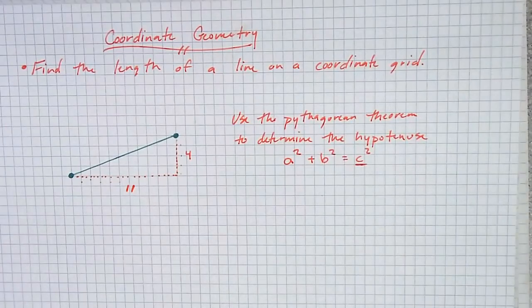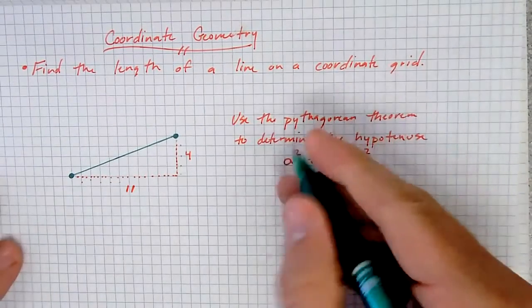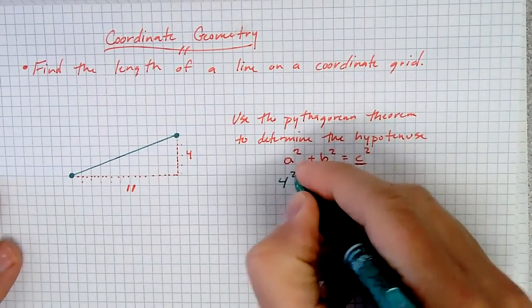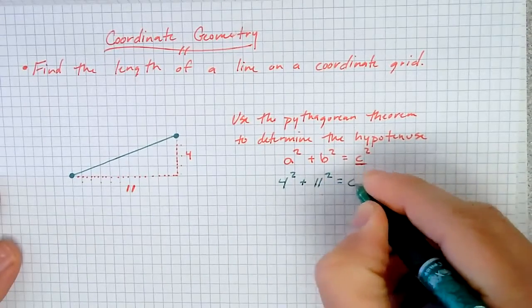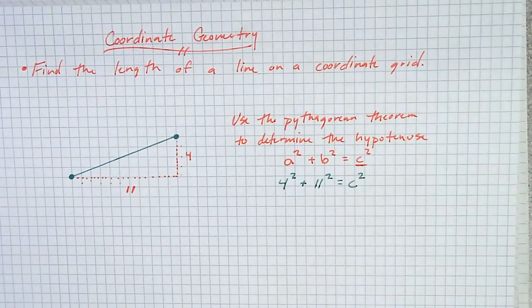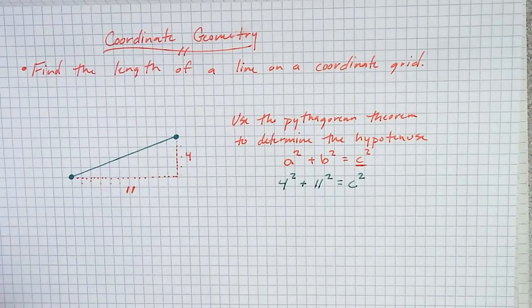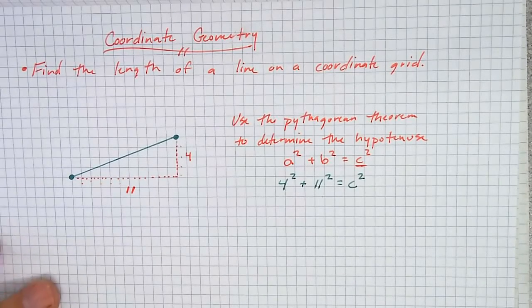So one of our side lengths is 4. The other one's 11. And we'll be solving for c.